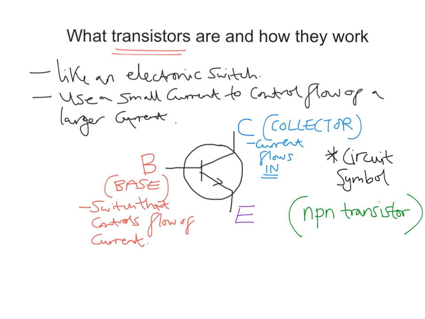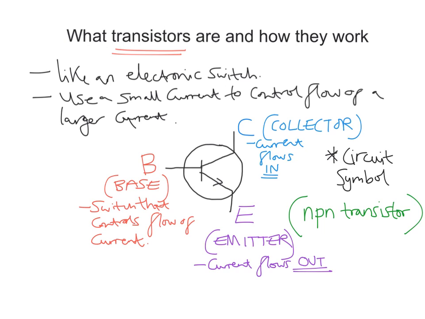So the current flows into the transistor through the collector, and the current flows out of the transistor through the emitter, and that's what the E is that we have here. So E is the emitter, and this allows current to flow out.